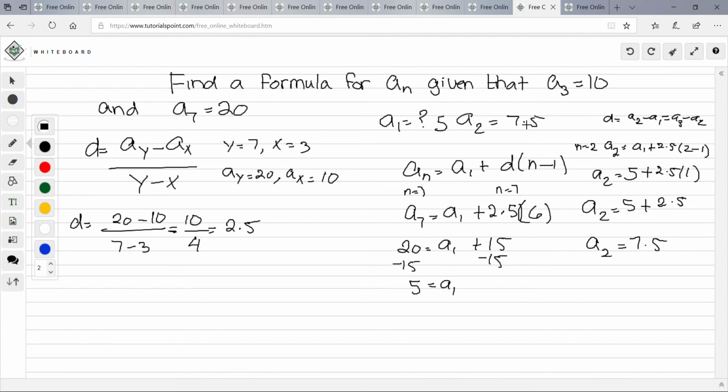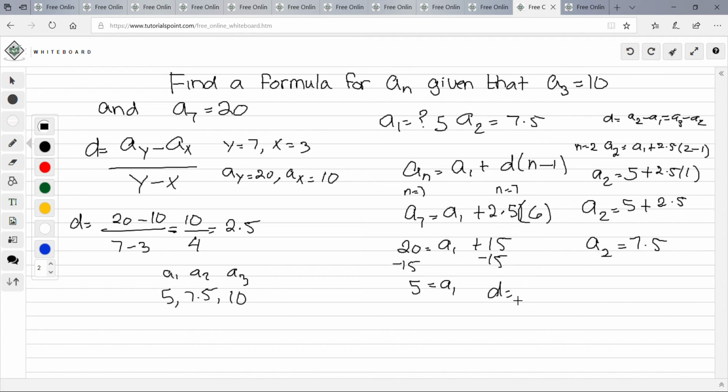Now I have to check if it's arithmetic, remember? We know the first term is 5, the second term is 7.5, and our third term is 10, from A1, A2, A3. I'm doing this step to figure out if it really is arithmetic.